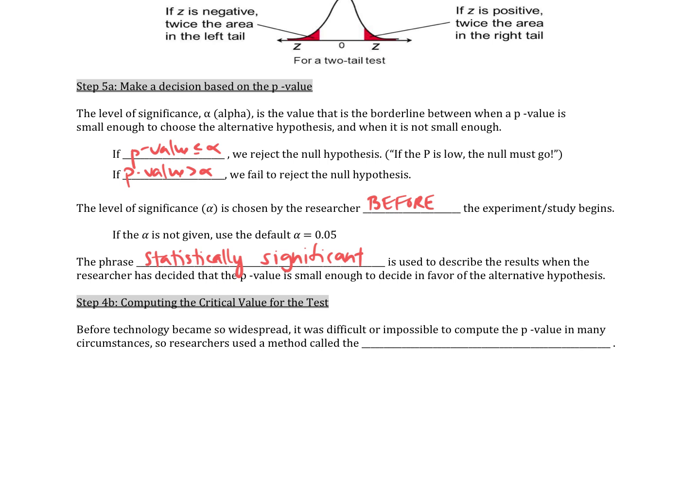Step 4B. So this is if we're using the test statistic, not the p-value, okay? Before we had all the technology, calculators, all that stuff, researchers used a method called the rejection region approach.